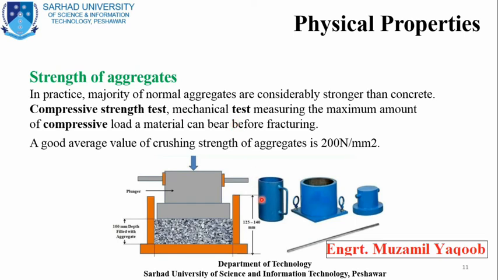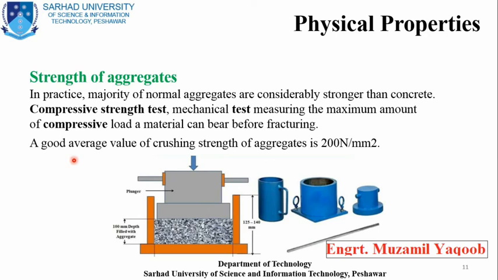In this picture you can see the apparatus used for performing the compressive strength test of aggregates, in which we first place aggregates, and on top of that we place a plunger and apply load. By this method we come to know the strength of aggregate.